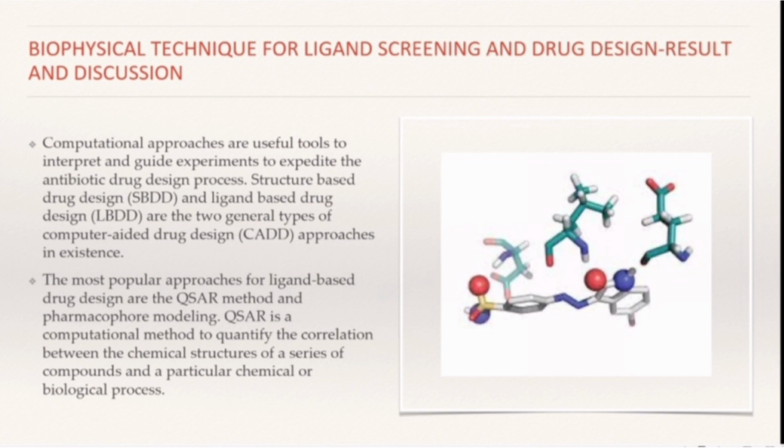QSAR is a computational method to quantify the correlation between the chemical structure of a series of compounds and a particular chemical or biological process. Pharmacophore is essential to understand the interaction between the receptor and ligand. It is an important feature to design new drugs for the treatment of various diseases.